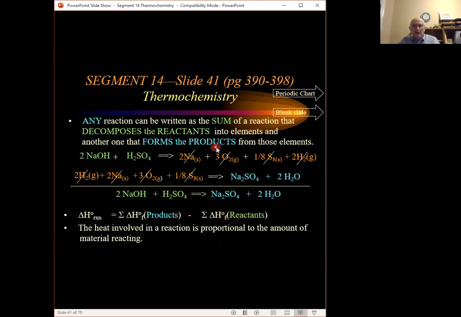I subtract those off. Why did I subtract? Because I needed them turned around. This first reaction, 2NaOH to H2SO4, is the negative. It's the opposite of the heat of formation of the reactants. So it's the sum of the heats of formation of products minus the heats of formation of reactants. And we can put them in the tables.